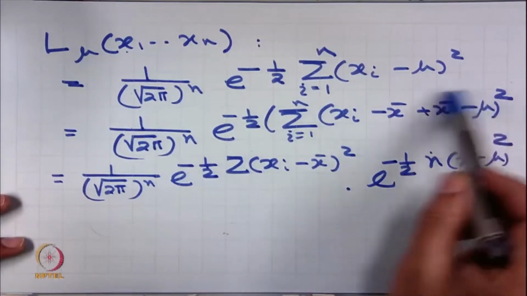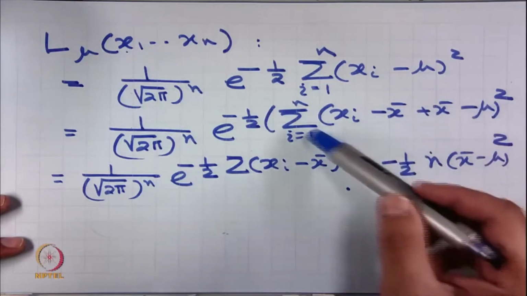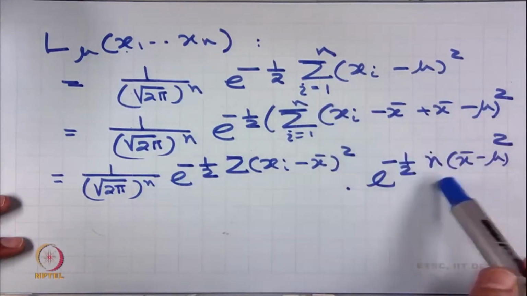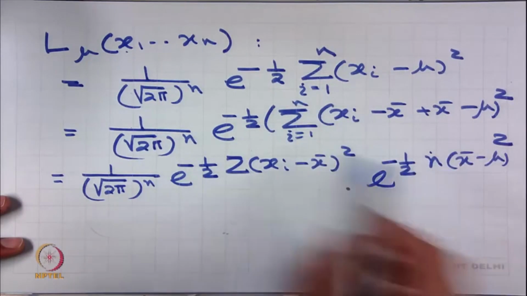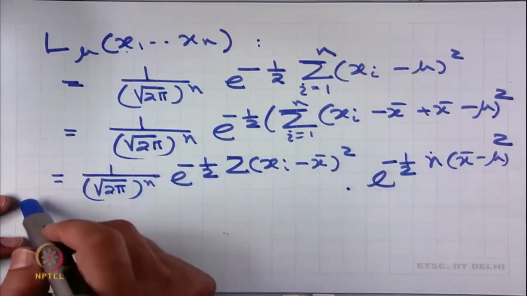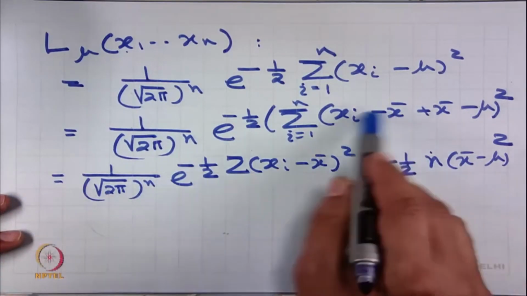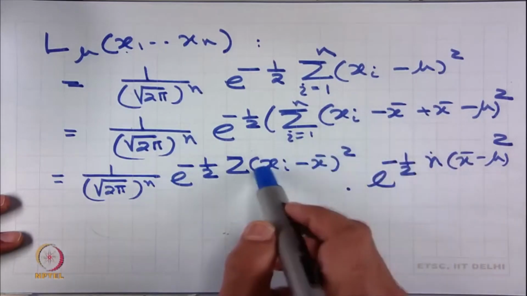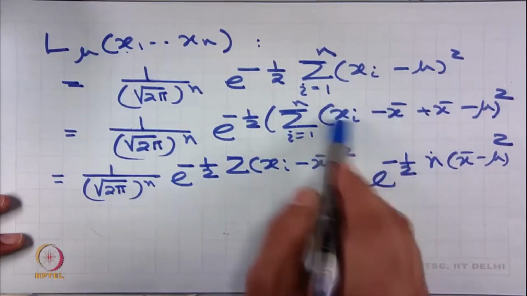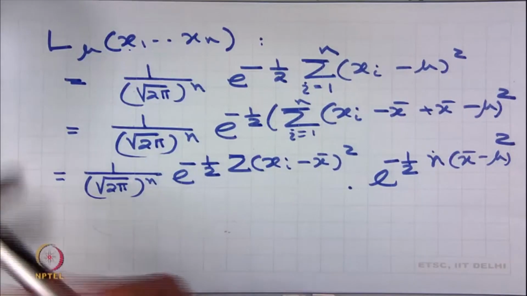This is because this term is constant, it does not depend upon i. Therefore, as i is equal to 1 to n, the summation gives me n times x bar minus mu whole square, and the product term will become 0 because sigma xi minus x bar will become 0.